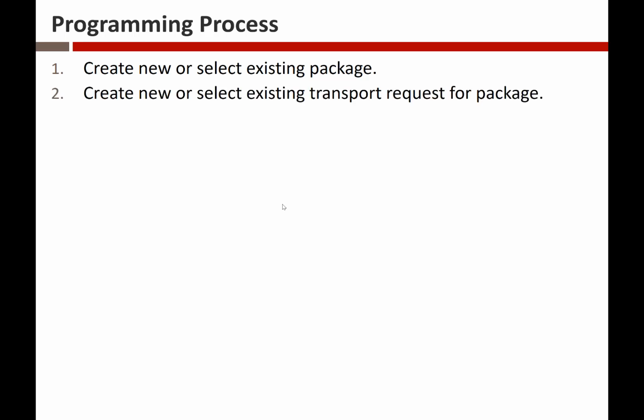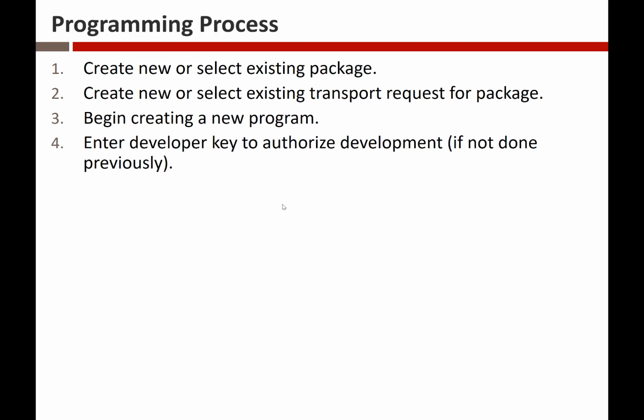We create a new or select an existing transport. So packages live in transports, which, remember, is my metaphor here of a ship that travels, like a cargo ship. So we create a new package. We put that package in either a new or existing transport request, and then we start creating our program.